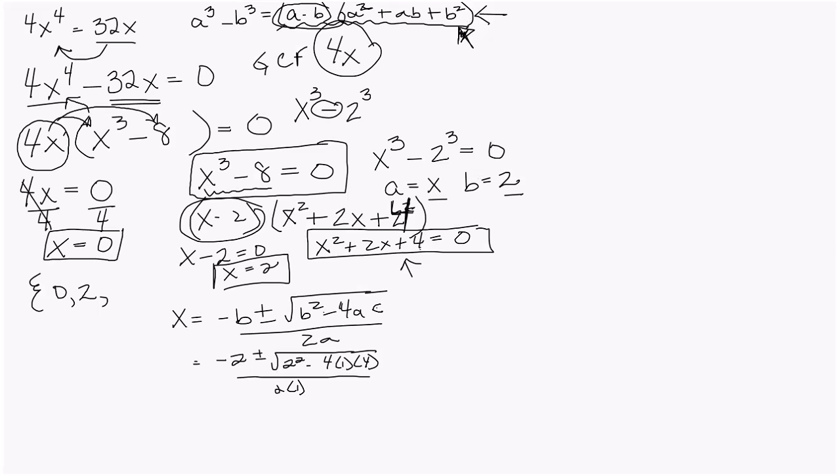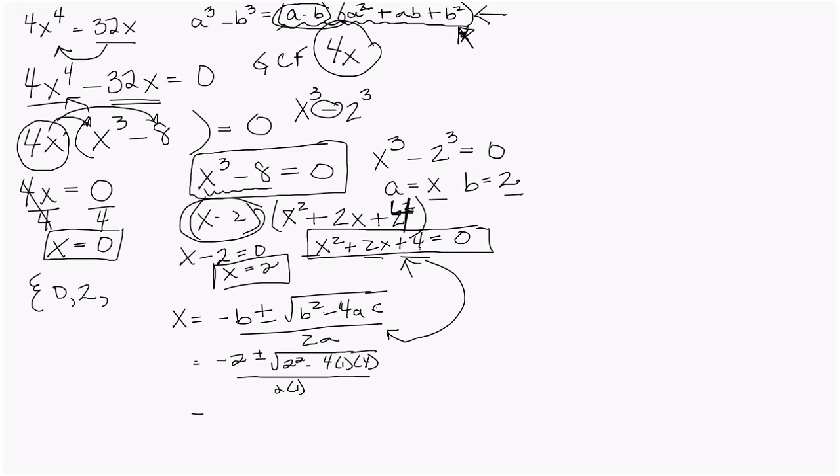So what I've done is I've inputted my a value, my b value, and my c value into this quadratic equation, and I'm left with negative 2 plus or minus the square root of 2 to the power of 2 minus 4 times 1 times 4, all over 2 times 1.